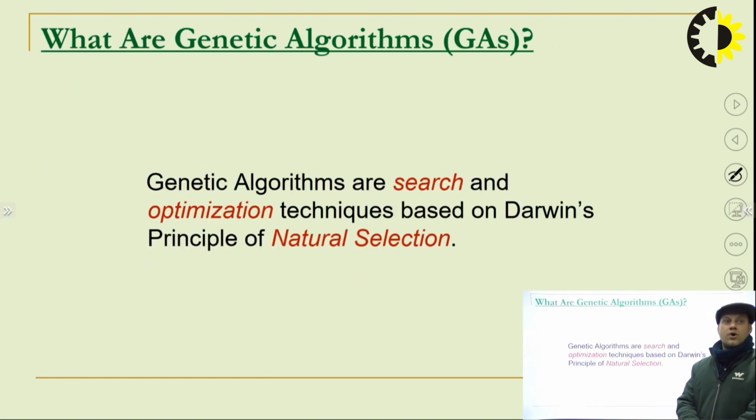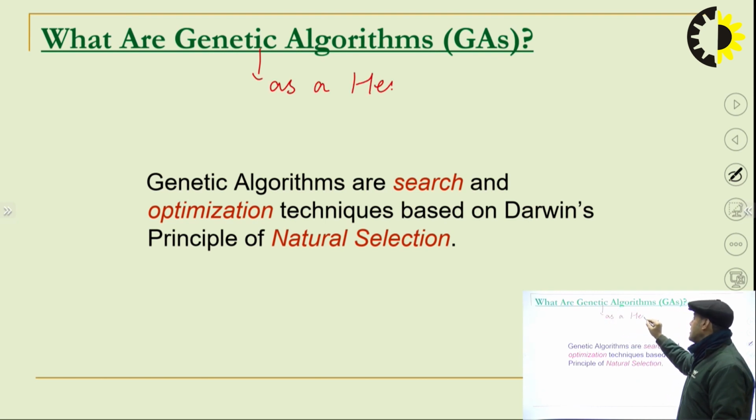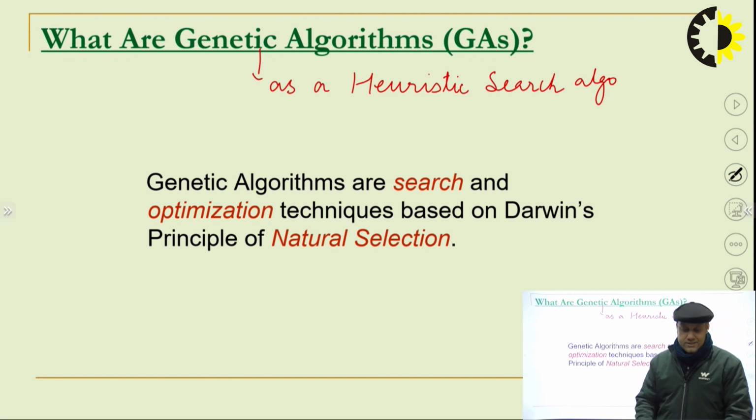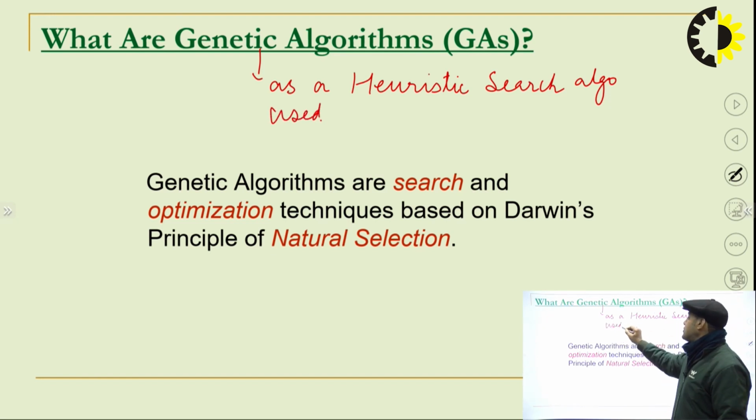So what are genetic algorithms? As I have briefed you, genetic algorithms are used to solve optimization problems. We can also describe it as a heuristic search algorithm which is used to solve optimization problems.